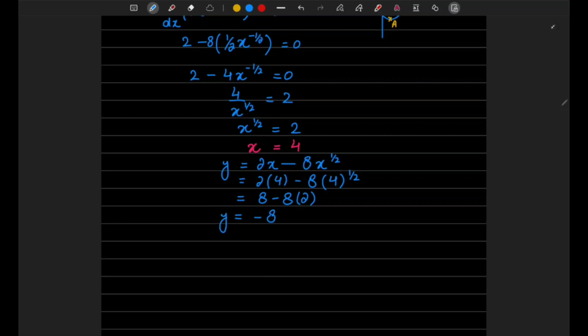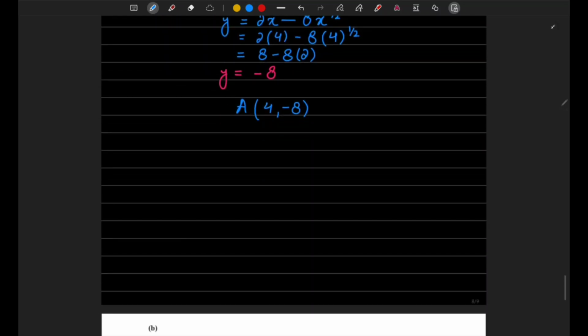So this will be your point A, 4 comma minus 8. These are the coordinates of the minimum point A.